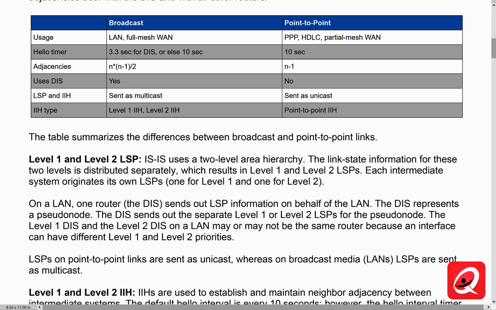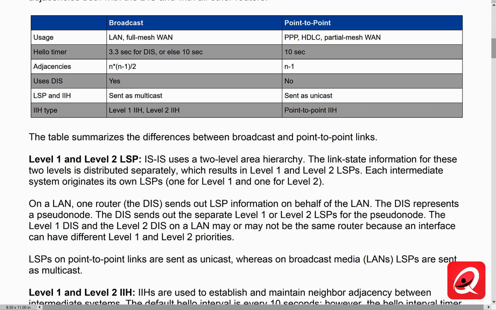All right. Again, these separate level 1 and level 2 hellos are sent out periodically. We use an all destinations multicast address. Now, keep in mind, this is a layer 2 protocol, so we're not using a traditional layer 3 multicast address like 224.0.0.5 or 6 for OSPF, or 224.0.0.10 for EIGRP, or 224.0.0.9 for RIP.